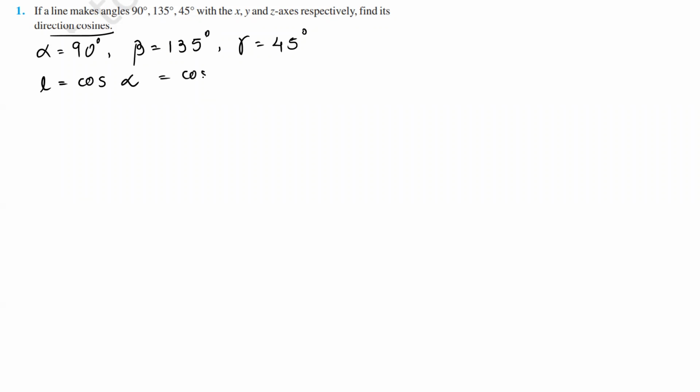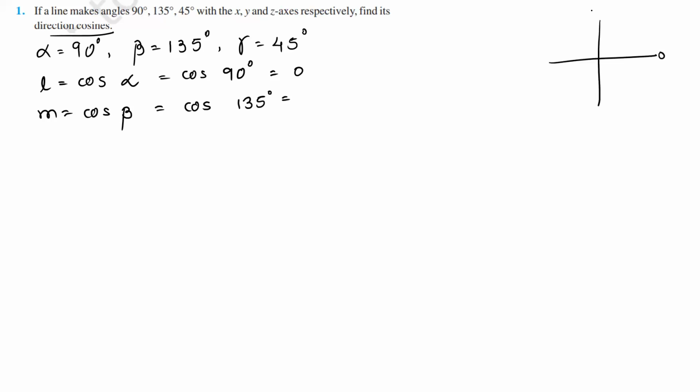So it's cos 90. l, m, and n are direction cosines. Cos 90 is 0. m is cos beta, cos 135. We don't know cos 135 directly. 0 is pi by 2, that means 90 degrees, and here it will be 180 degrees. Cos 135 is somewhere in between.